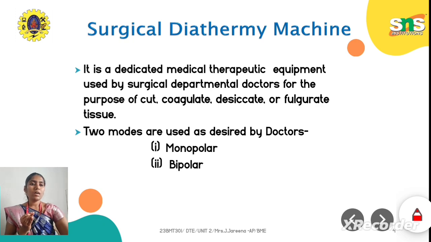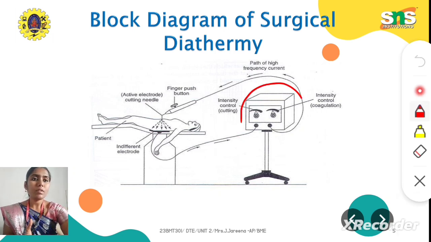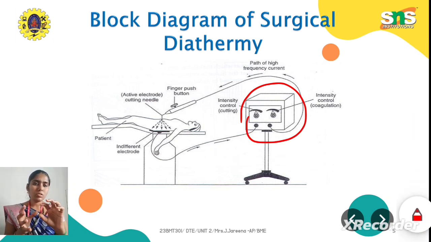We will see the basic schematic diagram of surgical diathermy. The one block is nothing but the ESU unit. It has a different intensity control knob, because in cutting and coagulation we will be setting different intensity. We will not use the same intensity for all four purposes like cut, coagulate, desiccate and fulgurate.